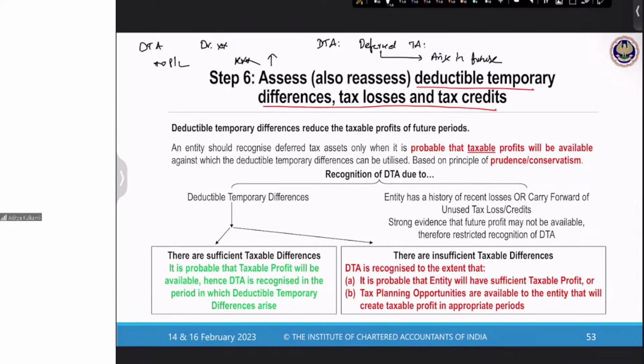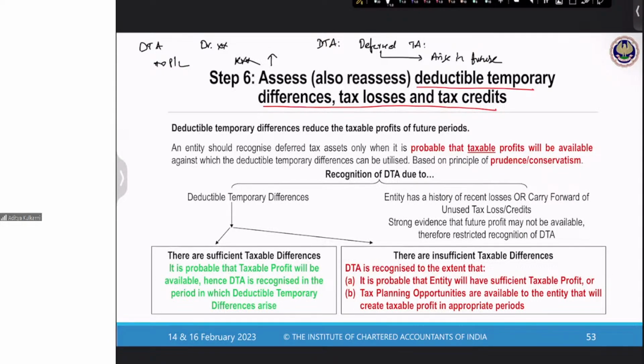I will recognize all expenses and liabilities even if they are likely to happen. That means there is no need of complete certainty. A probability that they will be incurring, then we are going to recognize the liability. But deferred tax assets can be recognized only when they are virtually certain that the assets are going to be realized.